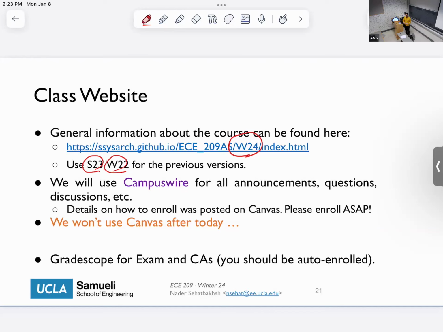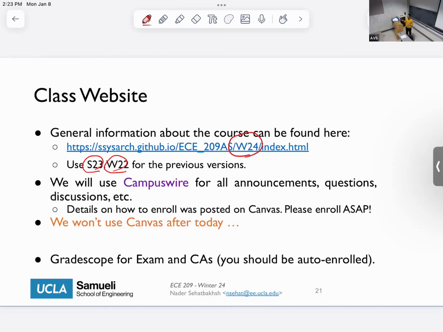For announcements and Q&A, we're going to use CampusWire. How many of you haven't used CampusWire before? Okay, a few of you. CampusWire is like Piazza, some form of Canvas as well. It's just a website where we can post and answer questions. I put the information about how to enroll on CampusWire on Canvas.